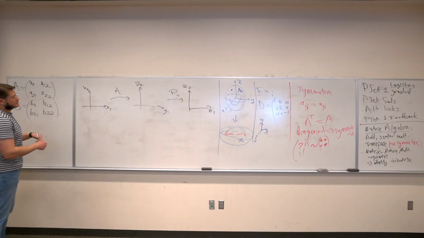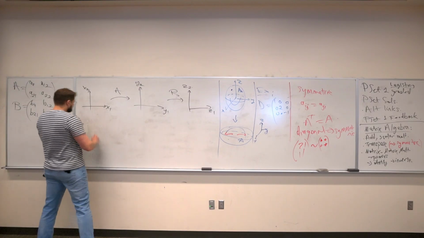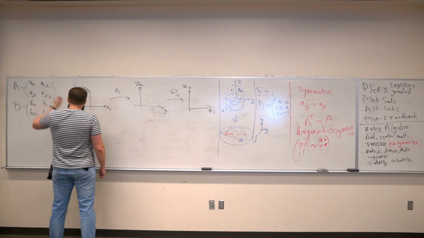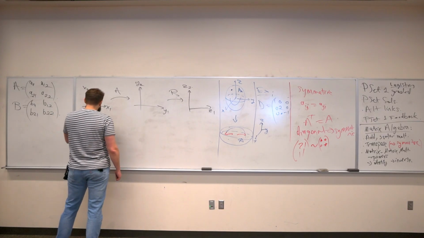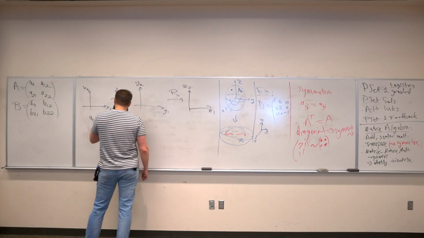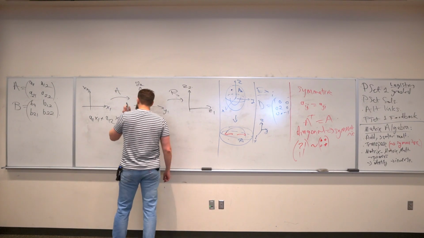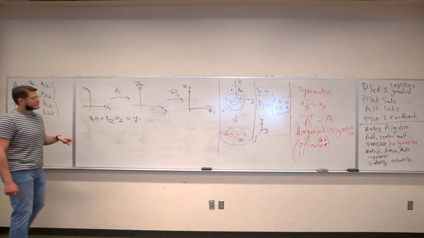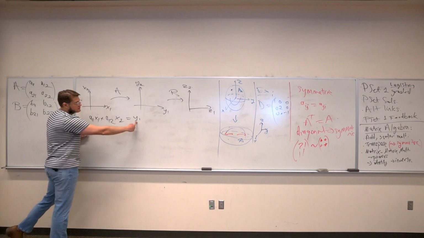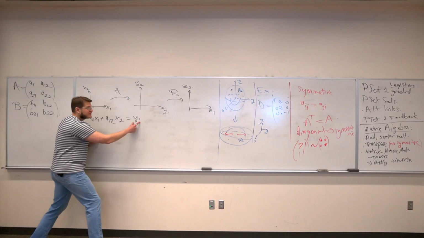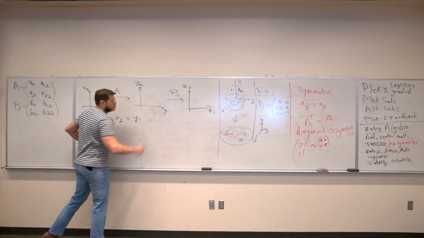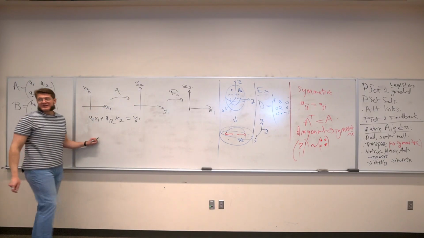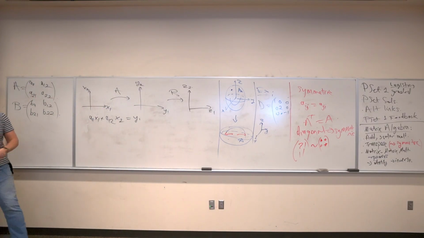Well, let's think about this. For instance, I can say something like this: A11 x1 plus A12 x2 equals y1. Before we were writing B here, but because this itself is going to be the so-called independent variable of this new matrix, I don't want to call it lowercase b, although it doesn't matter, mathematically speaking.